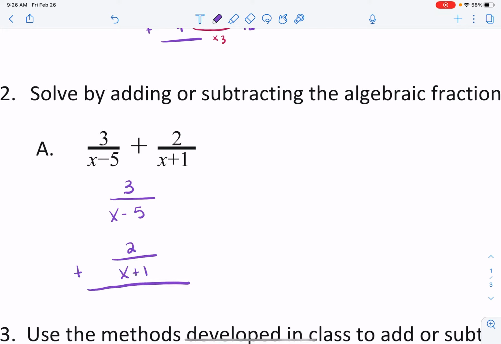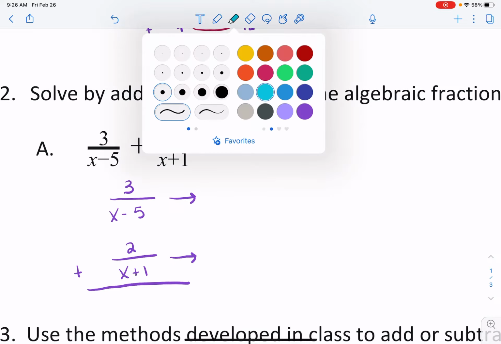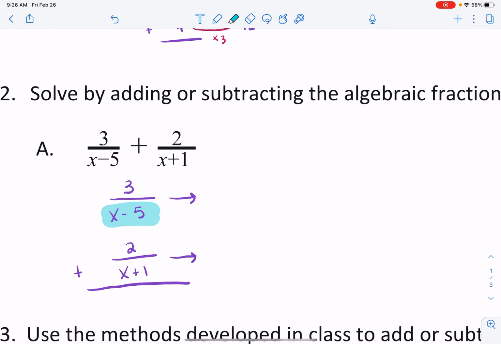And I'm going to do a little bit of highlighting here. So if we've got x minus 5 and x plus 1, to make them have the same denominator, basically we're multiplying them to each other. So to have the same denominator, I want to take my x minus 5 and I'm going to multiply it to x plus 1.